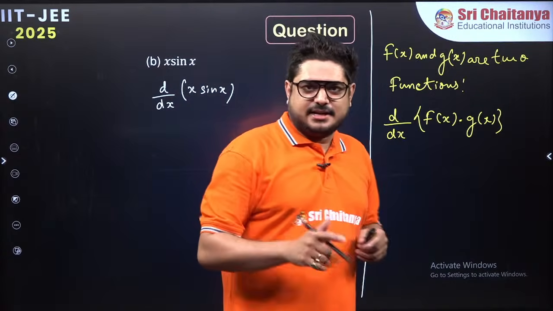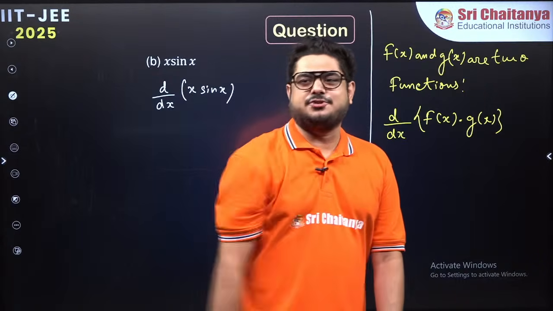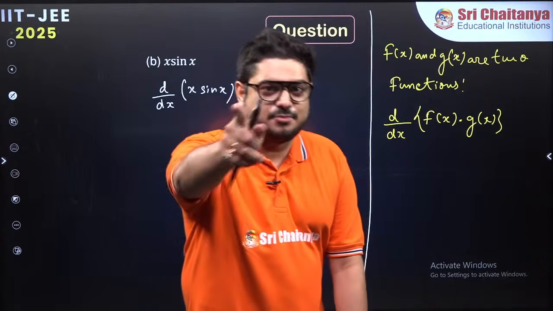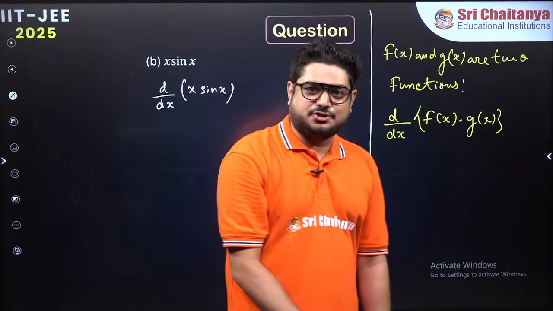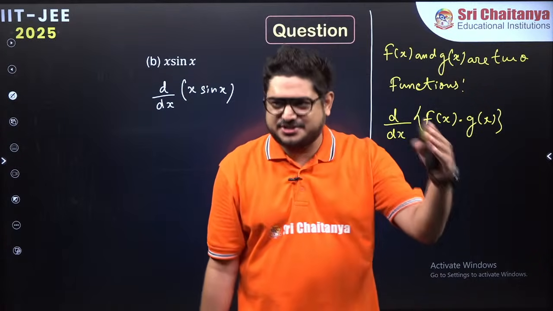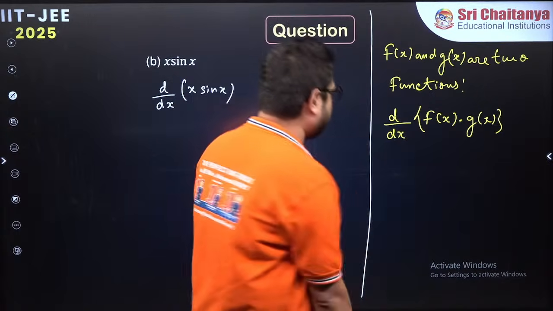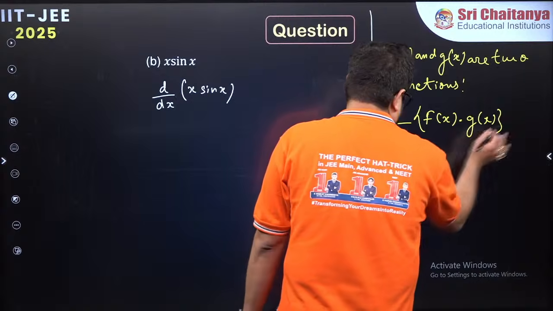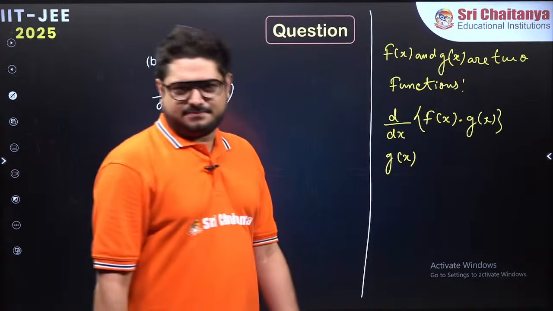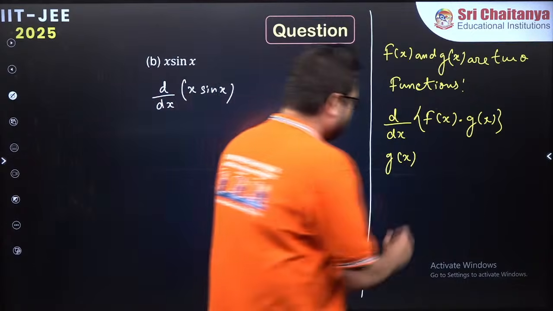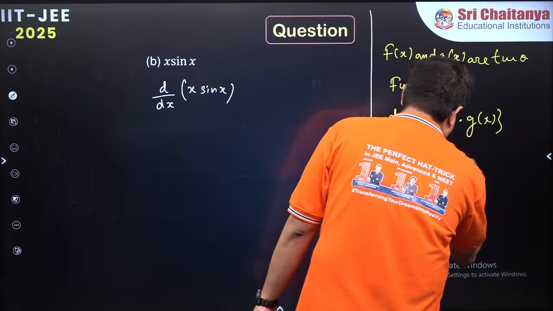See what needs to be done. In this case, initially you need to choose one of the functions to be a variable, the other function needs to be chosen as constant. Plus, the derivative of the other function needs to be chosen as variable, and the first function needs to be chosen as a constant. So let's try to do it. In this situation, you need to choose the g(x) to be a constant. g(x), let's try to take it as constant initially. It's going to be f(x), which I have to choose to be a variable.